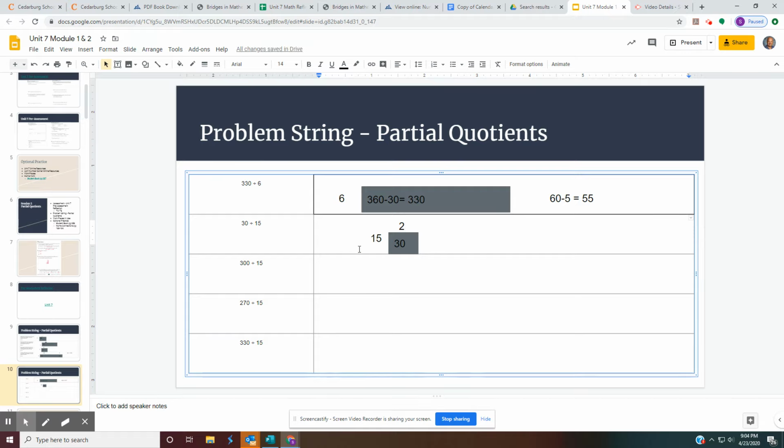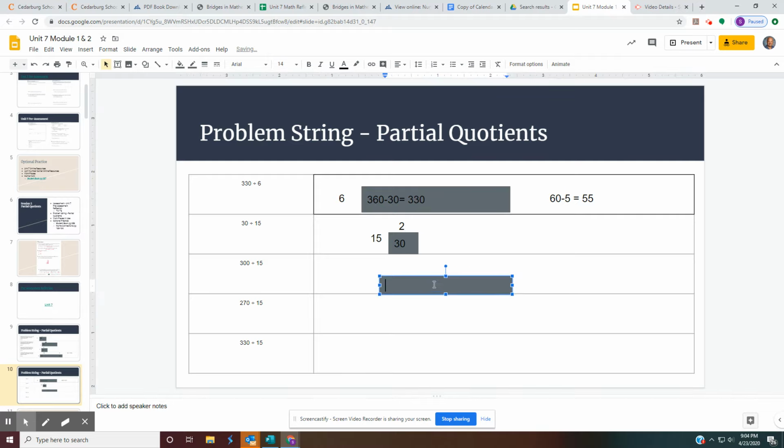So how can I use that information to help me figure out what 300 divided by 15 is? Well, again, as we know, 300 is 10 times what 30 is. So we have 300.